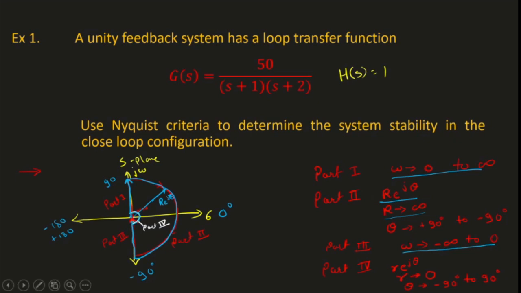It is only present for a system having a pole at origin, and its radius is r e raised to j theta, where the small r is negligible. It's nearly equal to 0, and the angle taken by it is minus 90 degrees to plus 90 degrees. So by mapping this entire right hand plane, we can draw a Nyquist plot which can look like this or anything like this.